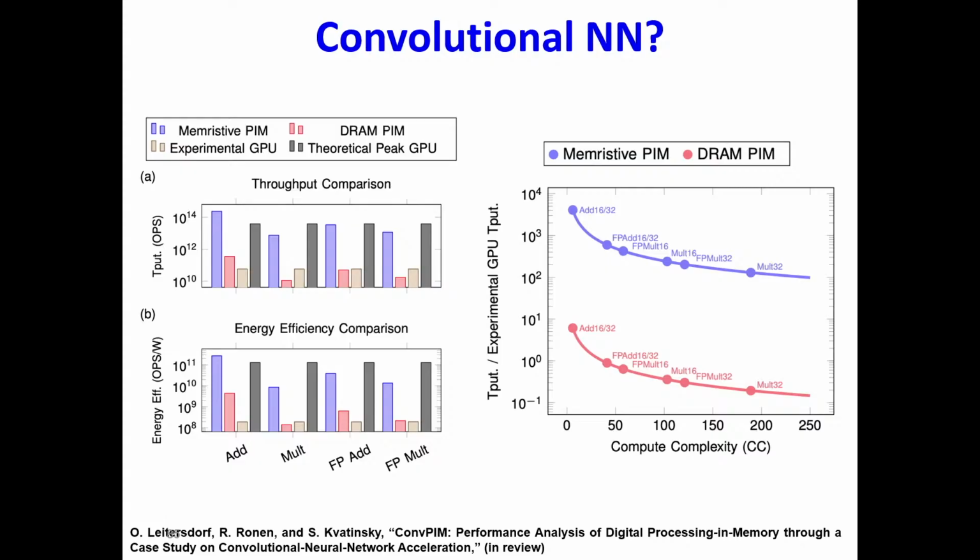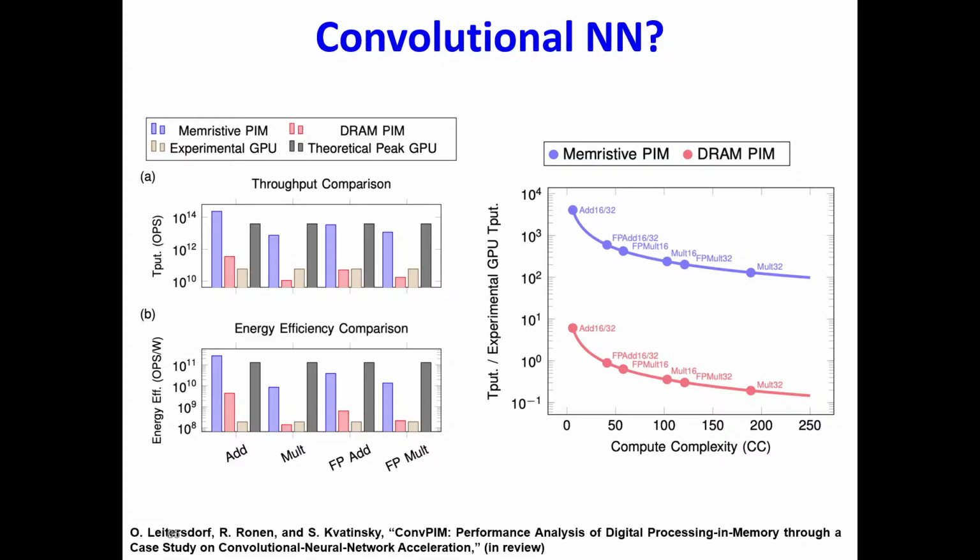The first thing that he did was to check the arithmetic, which is basically ArithPIM. It's a different way to present the results of ArithPIM. You can see here addition, multiplication, floating point addition, and floating point multiplication in terms of throughput and energy efficiency. And just like the results that I showed for ArithPIM, here we win big time compared to a GPU, assuming that the GPU also just needs to perform additions or multiplications.